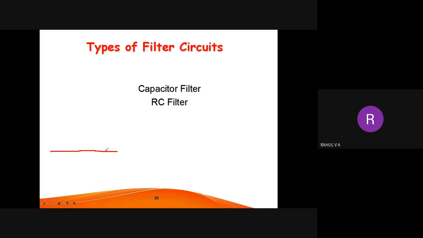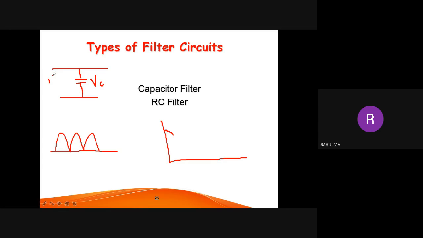So we have seen that the output of a half wave or full wave rectifier is like this. Initially, the capacitor will be charged to some value previously. There are two conditions when you are connecting a capacitor like this. You have to think about two voltages. One is VC, that is the voltage across the capacitor.